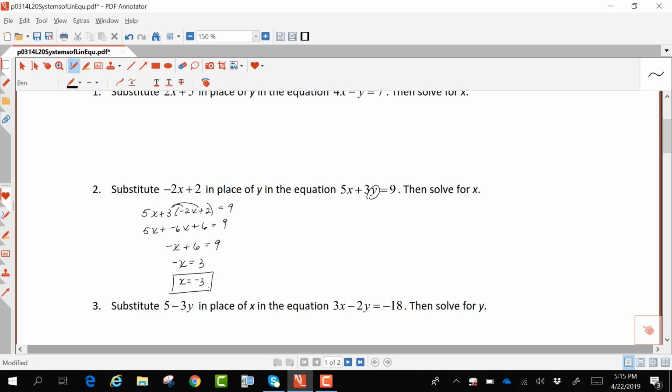Therefore, I've answered the question of substituting the negative 2x plus 2 in place of y. Then solving for x. We solved for x by getting the result that said x equaled a number.